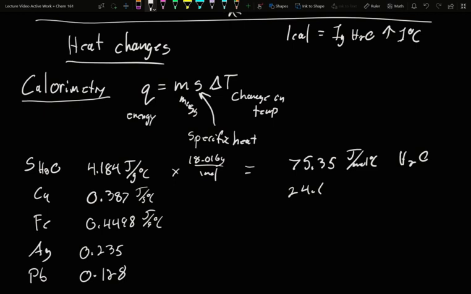It's 24.6 for copper. It is 25.12 for iron. It is 25.35 for silver. And it is 26.52 for lead. If you actually look at it as a per mole, we see that the metals are actually fairly similar to each other instead of per gram.